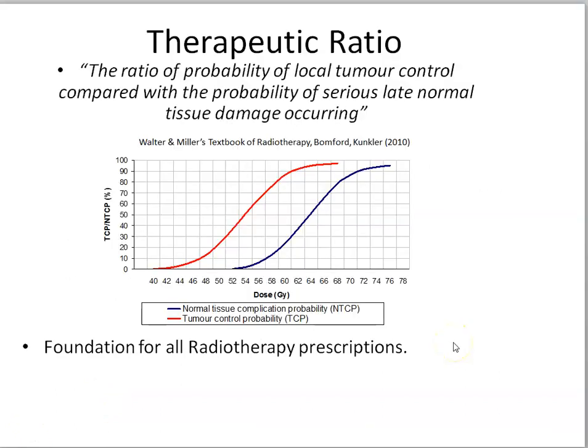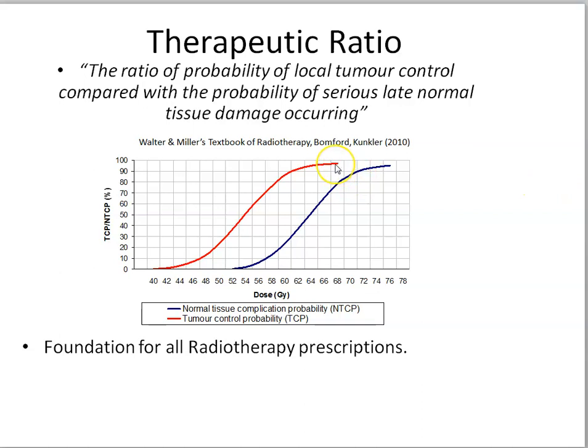So when we're dealing with grays of radiation in the therapy, we're interested in the therapeutic ratio, which is the ratio of the probability of the tumour being controlled by the radiation compared with the probability of a serious late effect tissue damage. So you can't just give unlimited amounts of radiation without causing some severe damage.